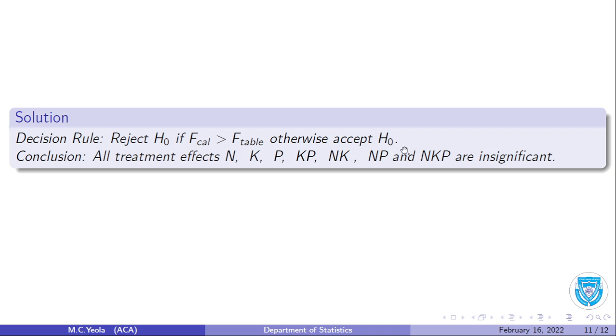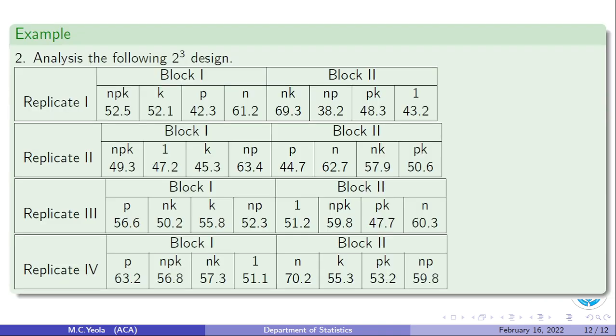This is the decision rule. So we conclude that all treatment effects N, K, P, NK, NP, KP and NKP are insignificant because H naught is accepted in all the cases. This is the second example. You have to perform in the similar manner.